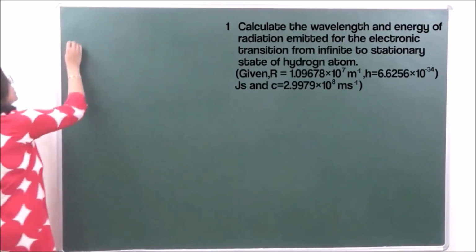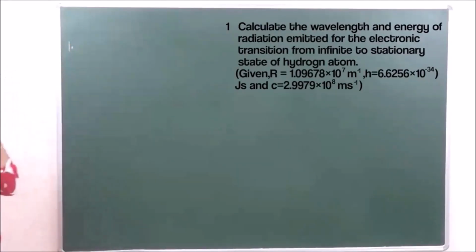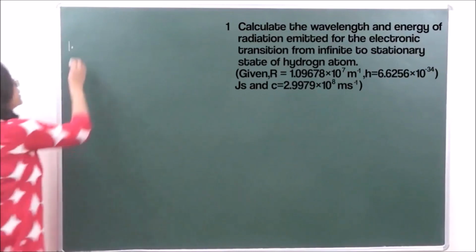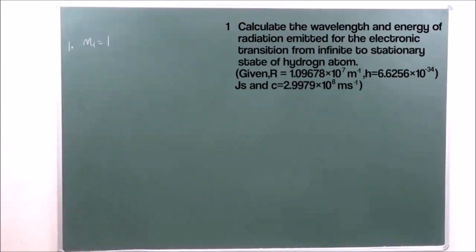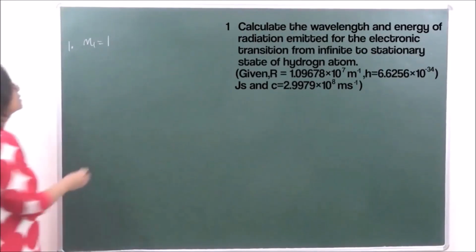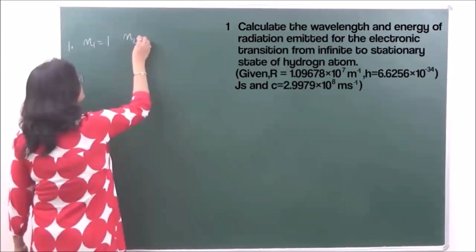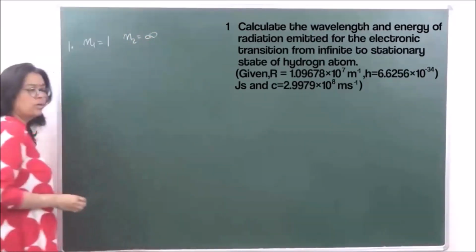Now in this question they have given us two states. One is the stationary state and one is infinity. So over here n1 for hydrogen is equal to 1, that is the stationary state, and n2 will be equal to infinity.